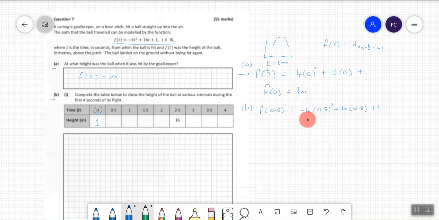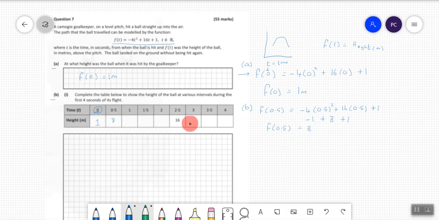So this here will be equal to minus 1, plus 16 times 0.5, so 16 multiplied by 0.5 is equal to 8, plus 1. If we add these up, the minus 1 will cancel the plus 1, and we'll be left with 8. So f(0.5) is equal to 8.